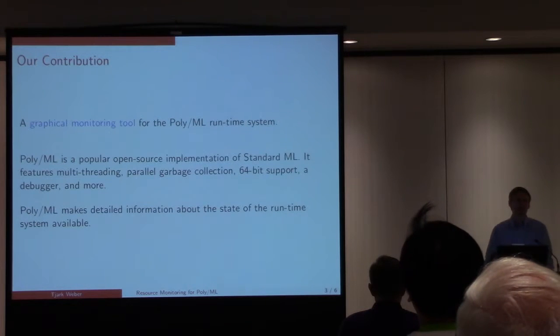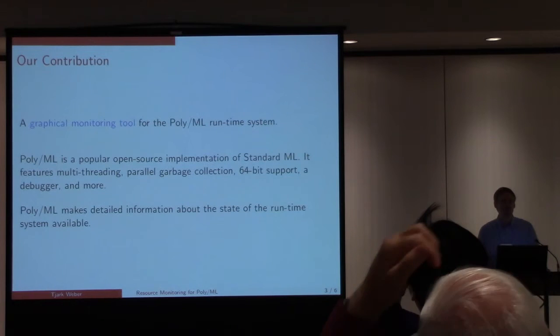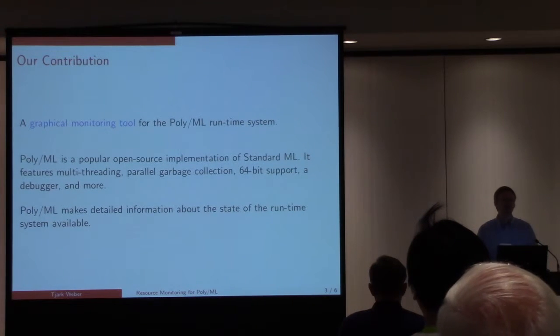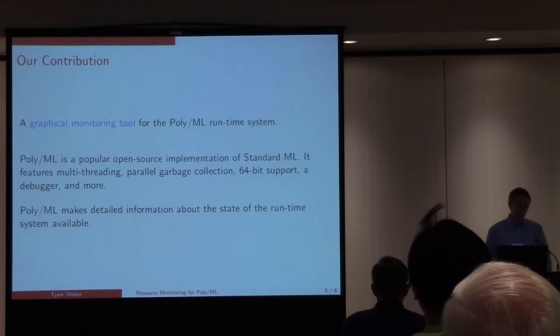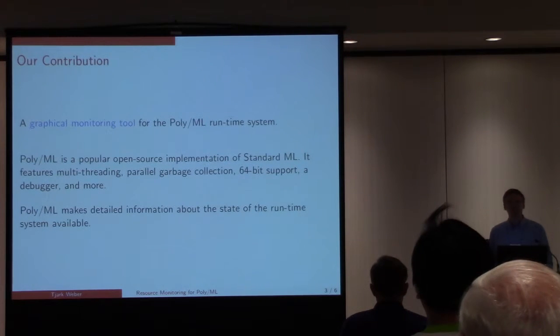It has a number of very nice features: multi-threading, parallel garbage collection, 64-bit support, you name it. In particular, what's important for this talk is that the runtime system keeps track of certain statistical information about its own state and makes this information available to other processes that can read it and use it in any way that they want.